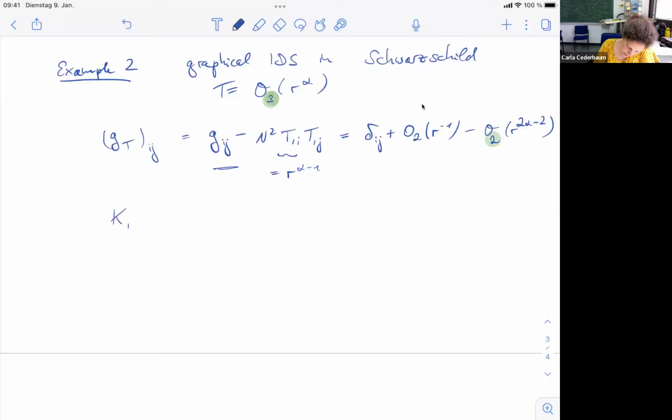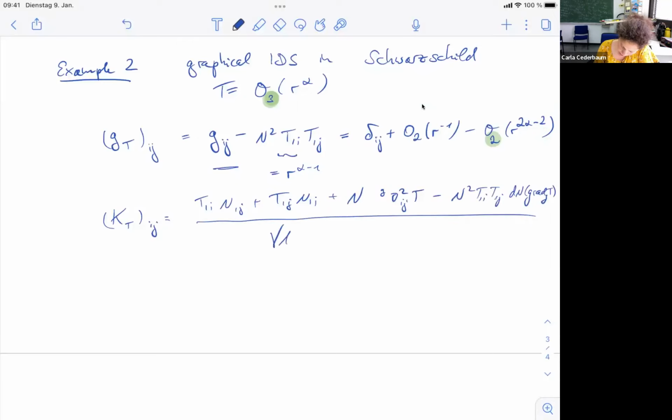And for the components of the second fundamental form, this was a little bit more lengthy. So I had di dj t plus dj di t plus n dn of t minus n squared di dj n squared gt divided by the square root.